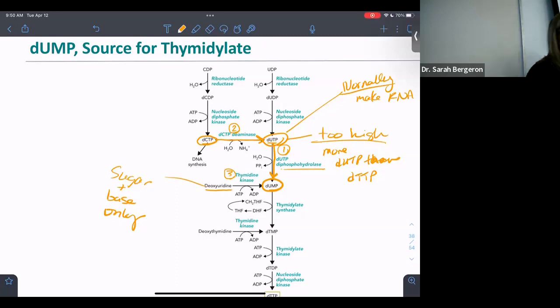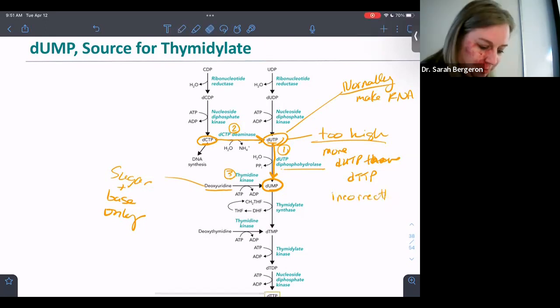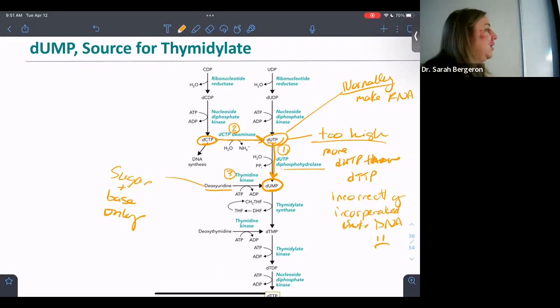So it would actually get incorrectly incorporated into DNA. And that's bad, right? Why? Because DNA is not supposed to have uracil in it. Because then you have repair mechanisms that are going to go into overdrive. It's going to be really, really terrible, right?